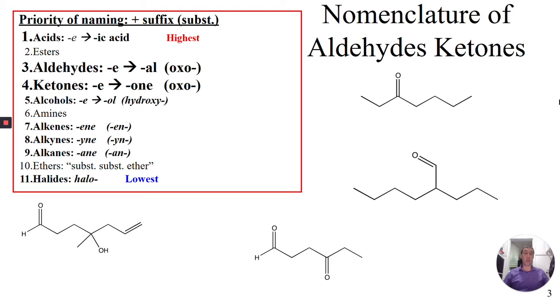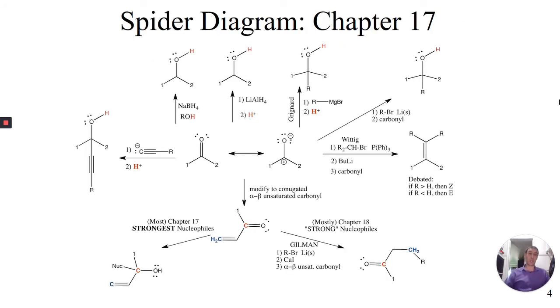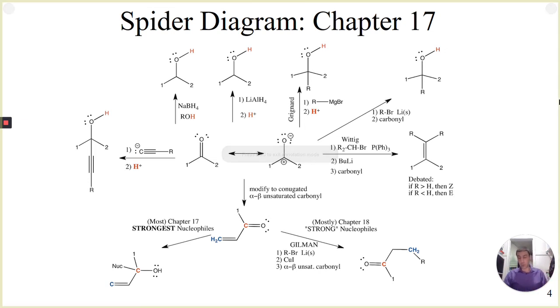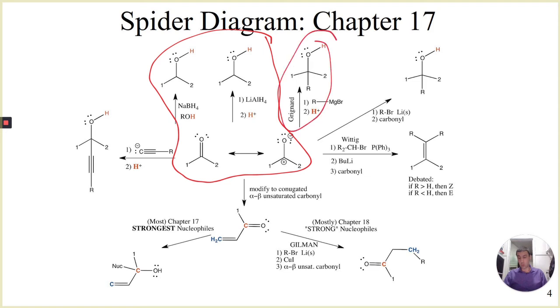Cool. And we'll go ahead and advance on to the next background stuff behind this. Chapter 17, here's our spider diagram that covers all of our big reactions. We're going to start off chapter 17 by looking at our hydrides. We'll then move into our Grignards with maybe a light discussion on the acetylides. That one I kind of float off because it's sort of a first semester reaction.